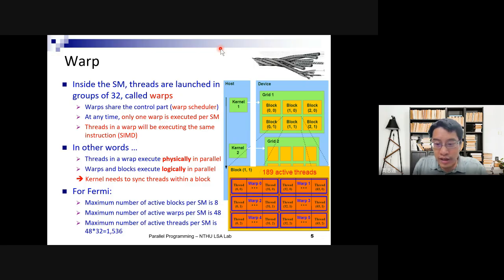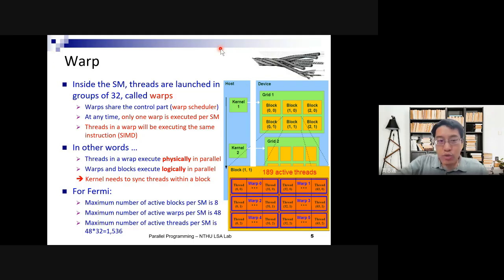We said that the threads within the warp are physically in parallel because they are executed on a single processor. However, threads that are within the same block but not in the same warp are only executed in parallel logically, because they actually could be running at different times.